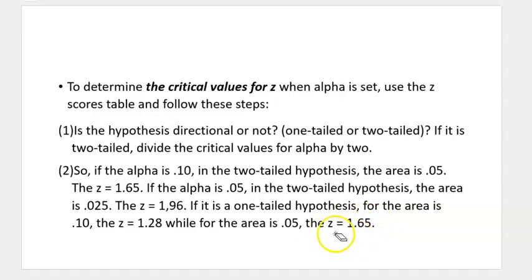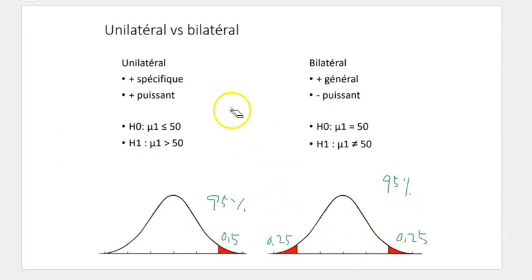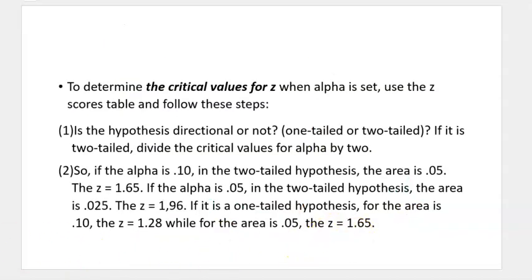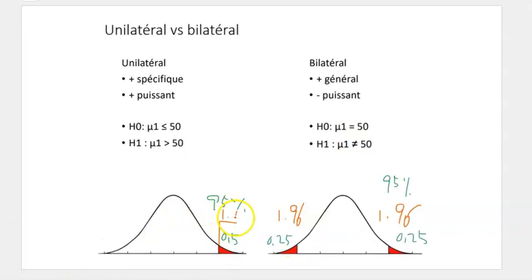So your threshold of the Z score for this part is 1.96, and the other part is 1.96. But if we put only this part, not the negative part, that becomes 1.65. So you can see that this is a smaller amount than this one.